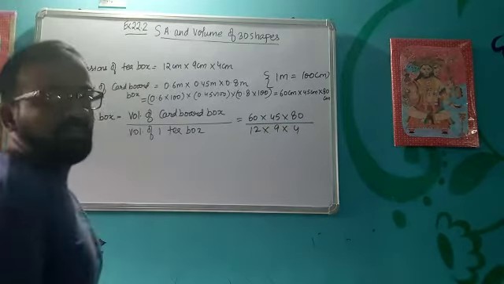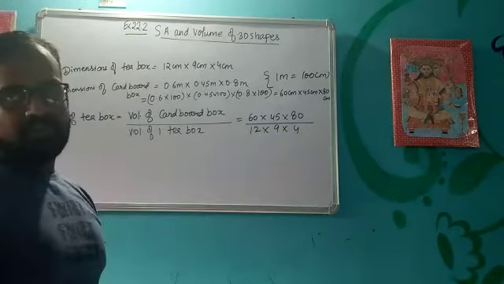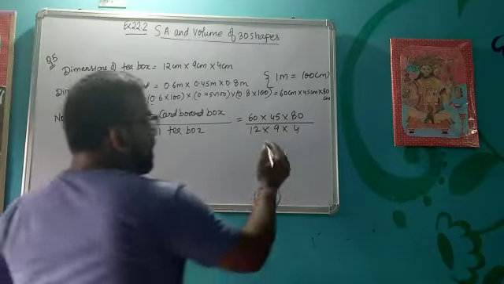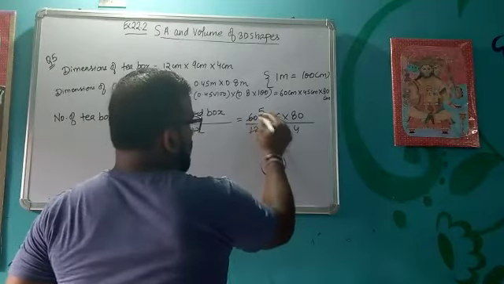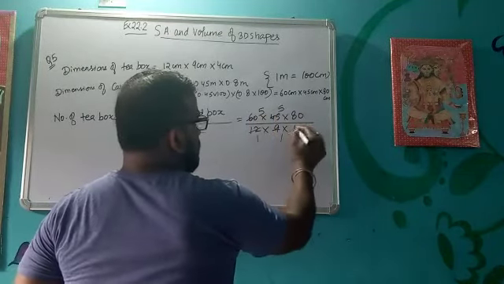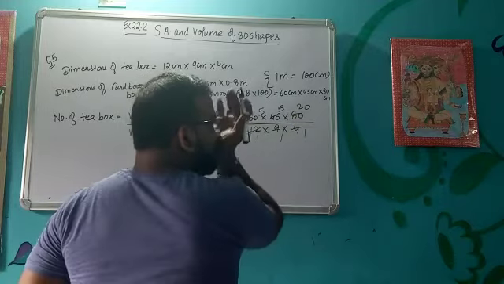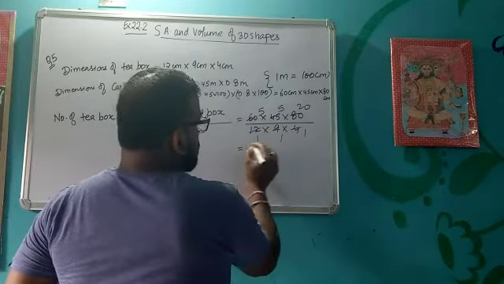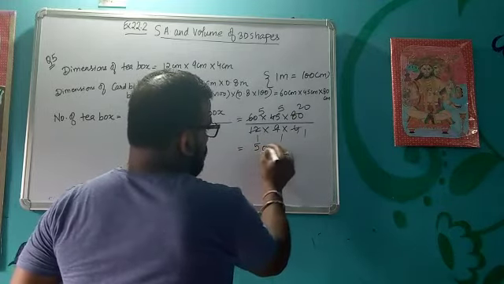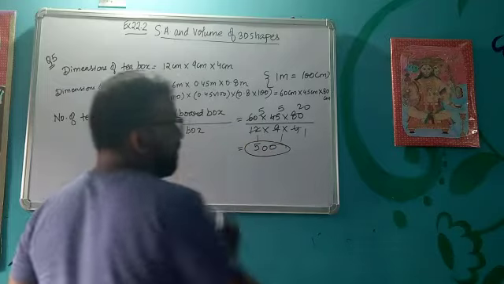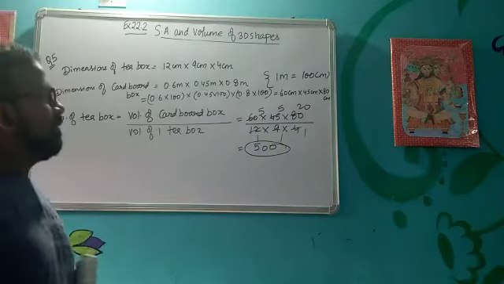Okay, I have not multiplied it, I simply divided so that I can simplify it. So it is 12 into 5, 9 into 5 and 4 into 20. So that will give you 500 boxes. Okay.